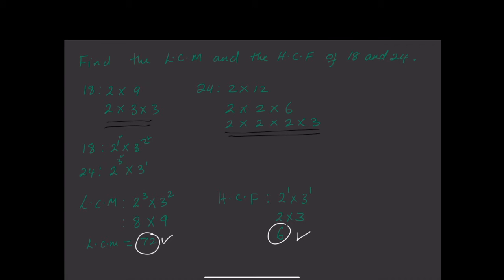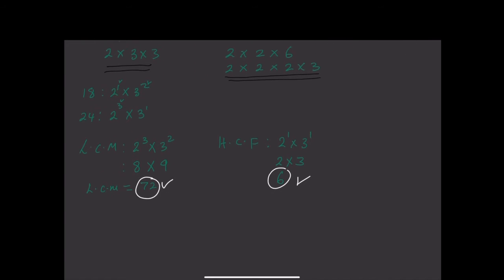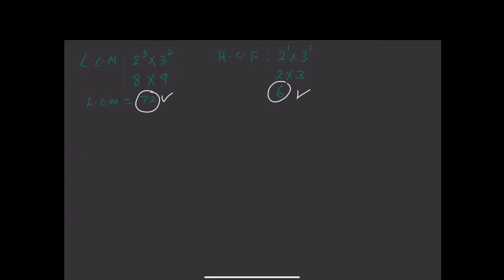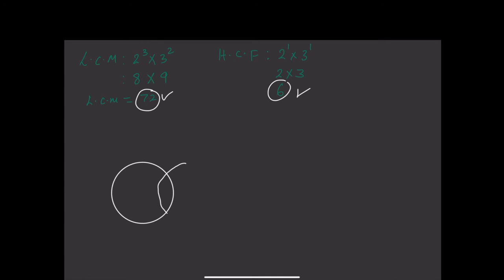So we're going to move now to using our Venn diagram. Okay, so we can draw a circle. Let's try and get the circle the same. Good. Right.